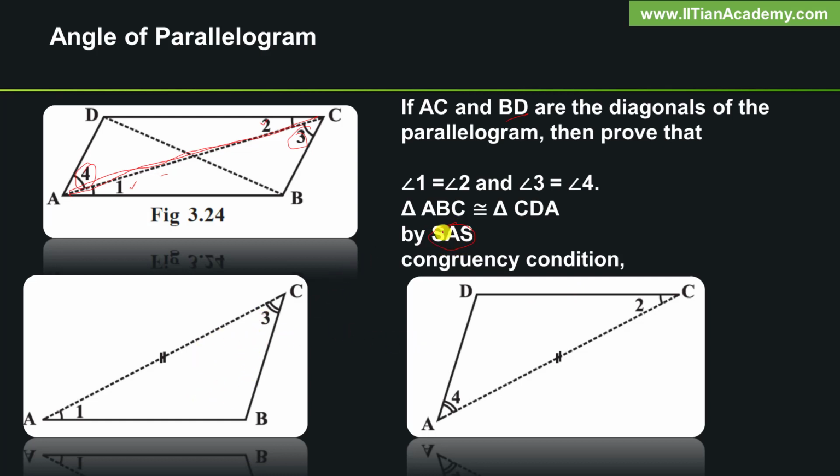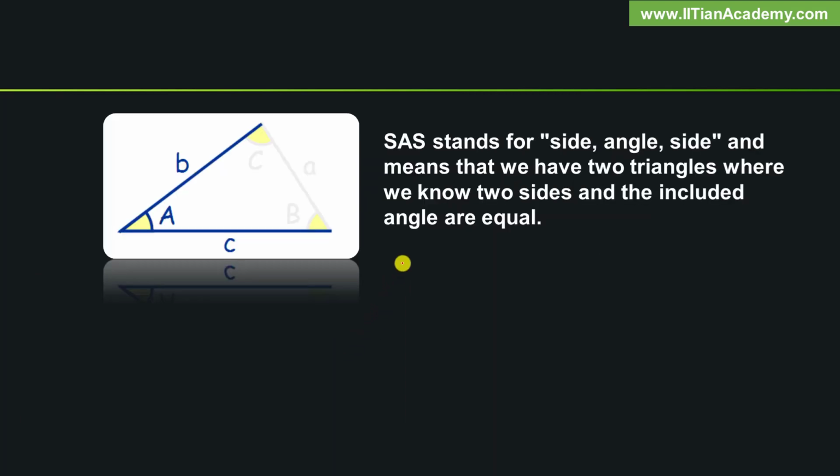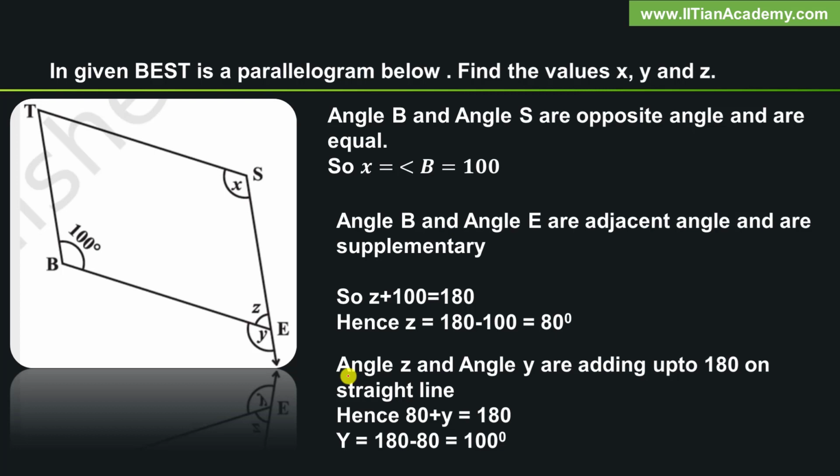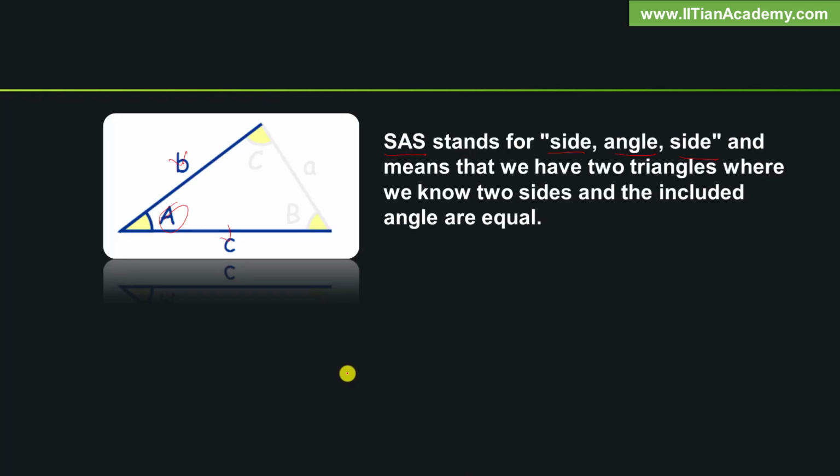Let us recap the SAS rule. SAS means side, angle, side, and means that if we have two triangles where two sides and the included angle are equal, then the triangles are congruent.